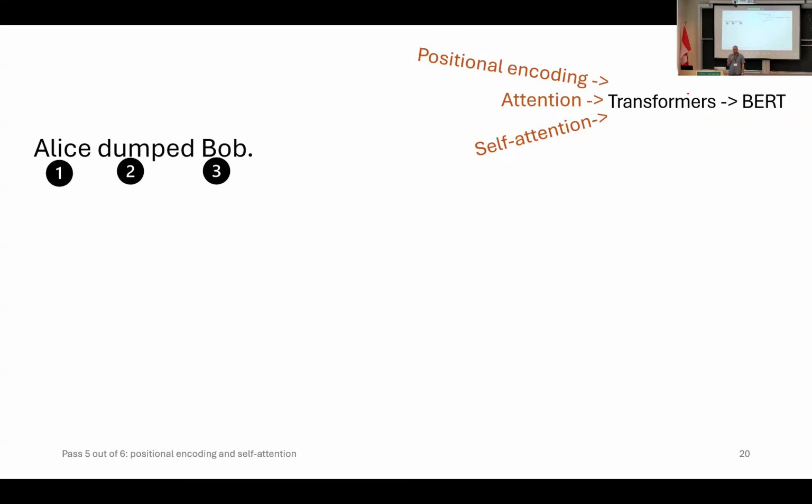Instead of embedding the word dumped, we're going to embed dumped in position 2 of the sentence, right? So instead of dealing with words, we deal with words that have positions incorporated into them. Bob will be Bob in position 3, right? And by doing that, we can have positional encoding. That's it. Questions?